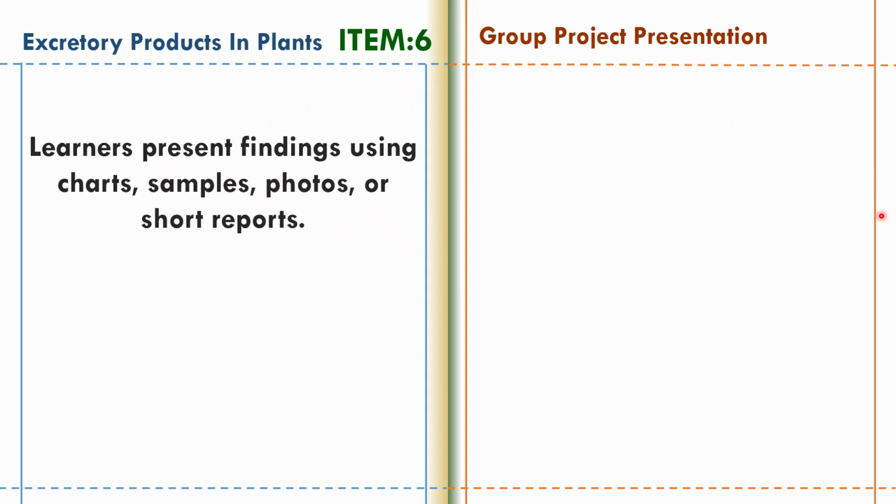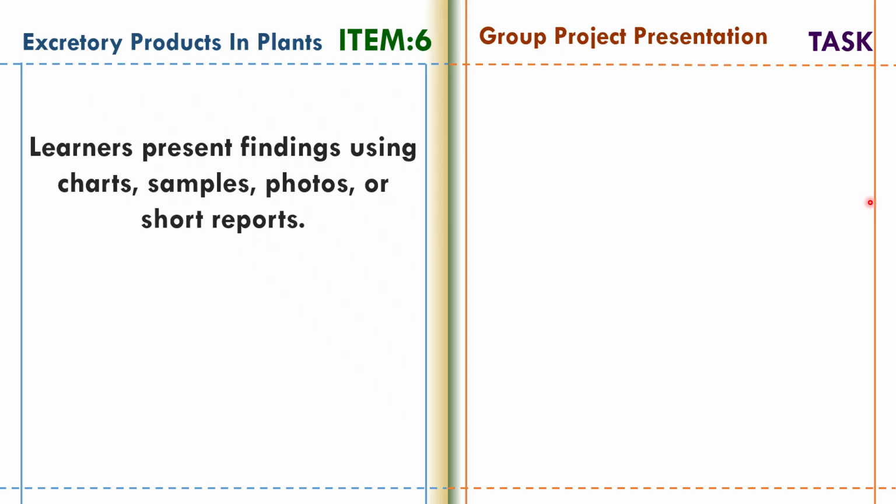Excretory products in plants, item 6. Group project presentation. Learners present findings using charts, samples, photos, or short reports.